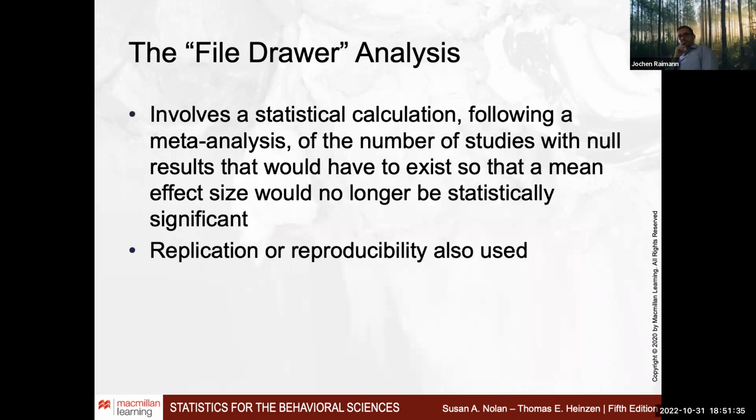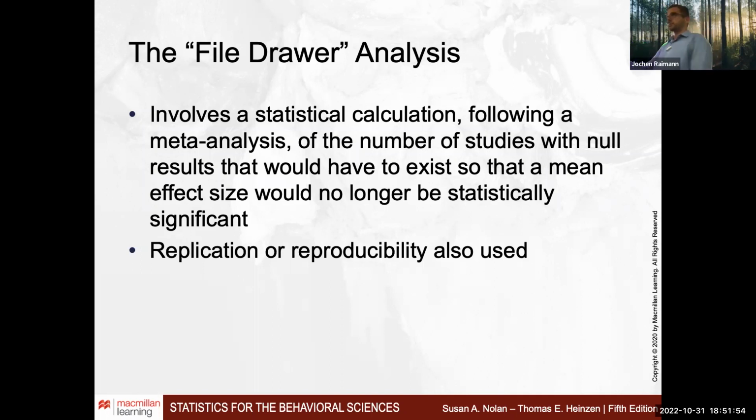Usually it's not really the case that studies end up in the file drawer. Sometimes they do, sometimes they don't. There's actually, in the meanwhile, a journal that focuses exclusively on publishing articles that show negative findings.